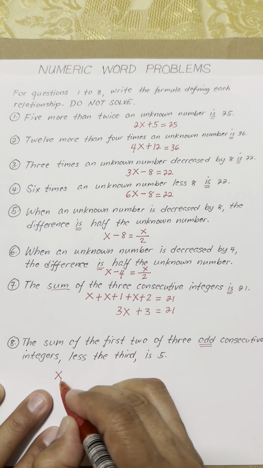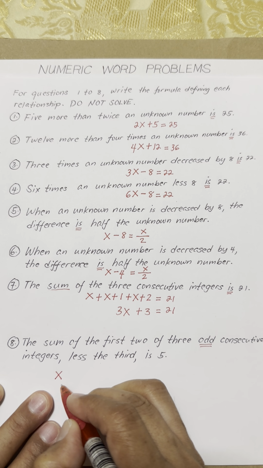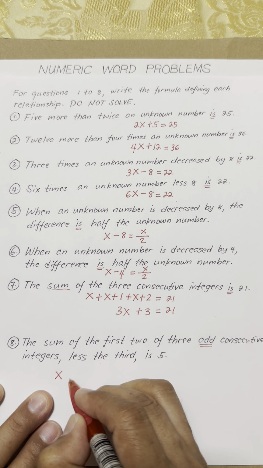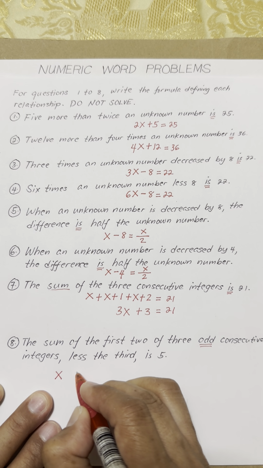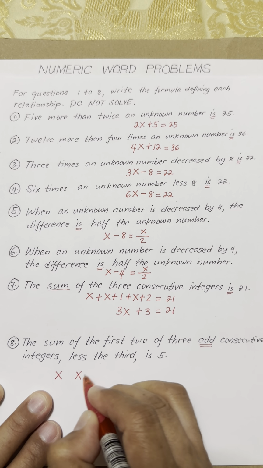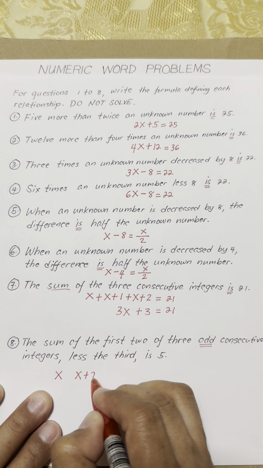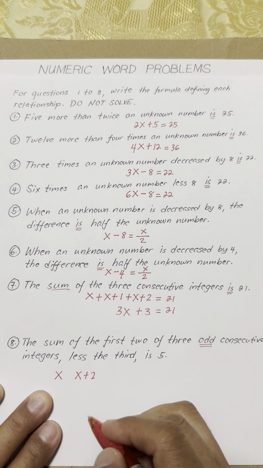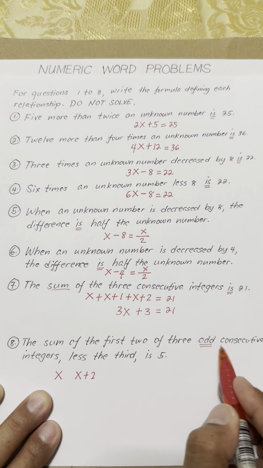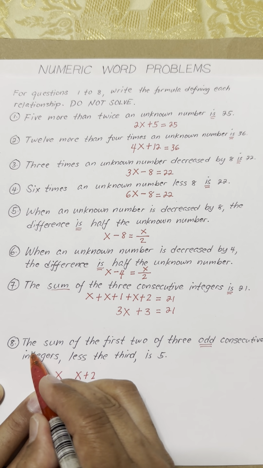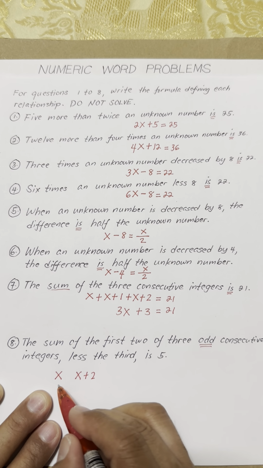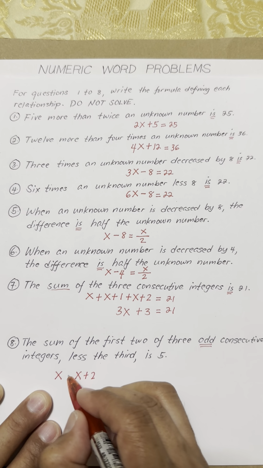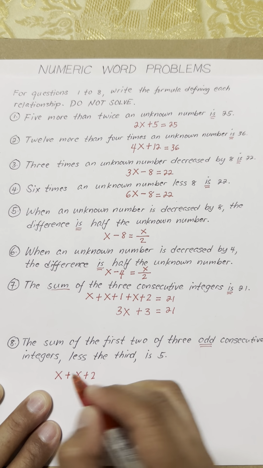We have x as the first odd integer. Then the next one is x plus 2. So first integer, second integer. It says that there are 3 odd consecutive integers, but the sum of the first 2, so these are the first 2. So we have to add these.